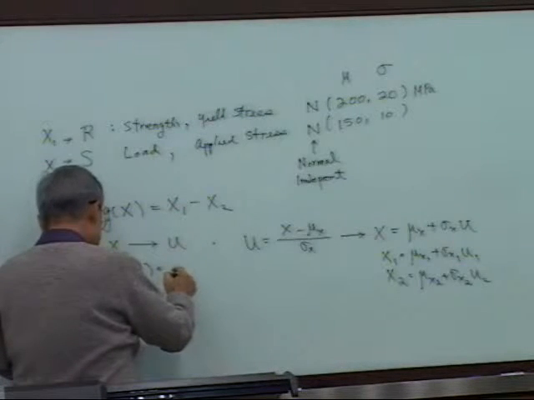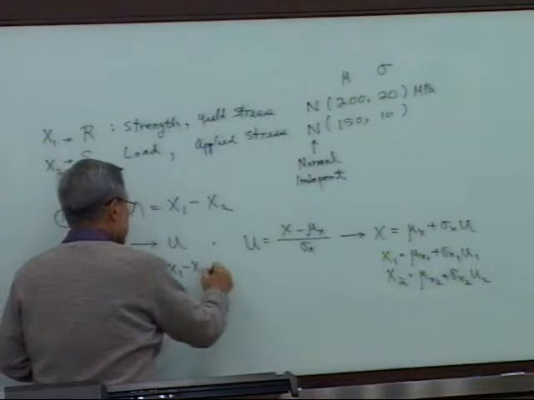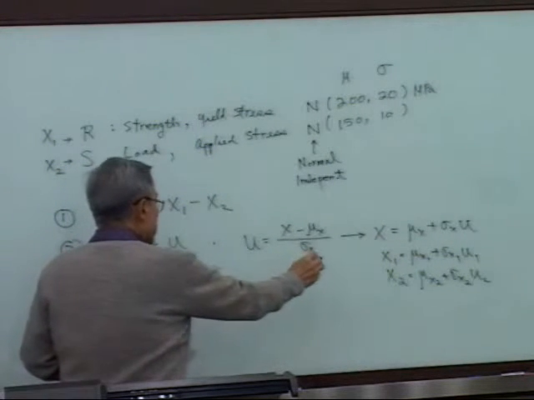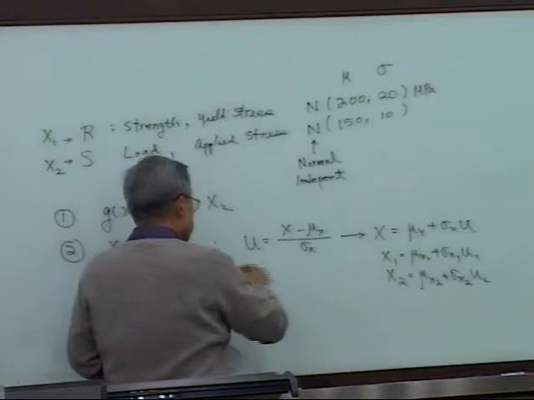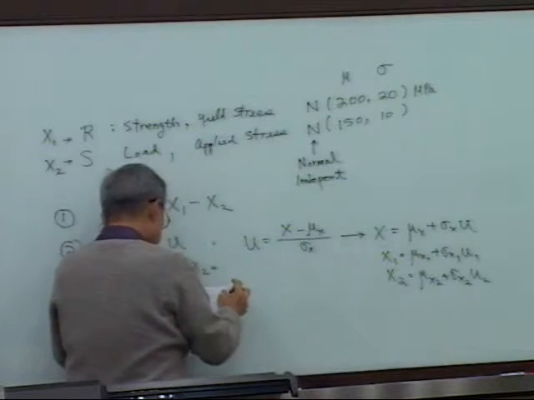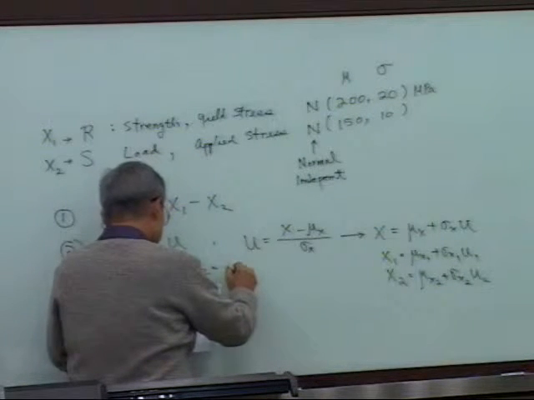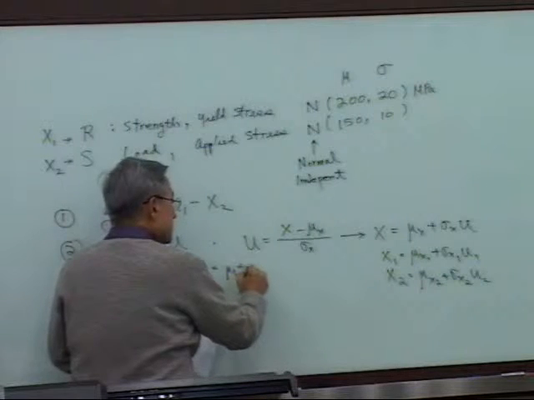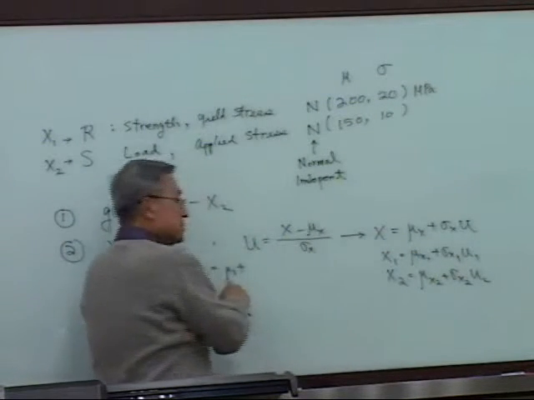Here this is x1 minus x2. Then you replace x1 and x2 by these two. If you do that, I'm going to replace mu x1 just as mu1.